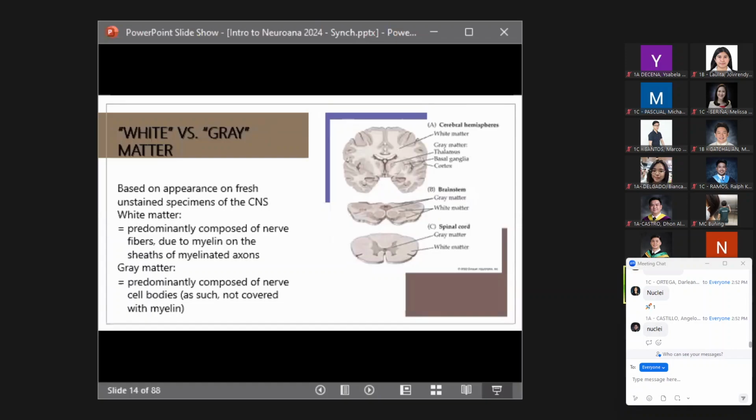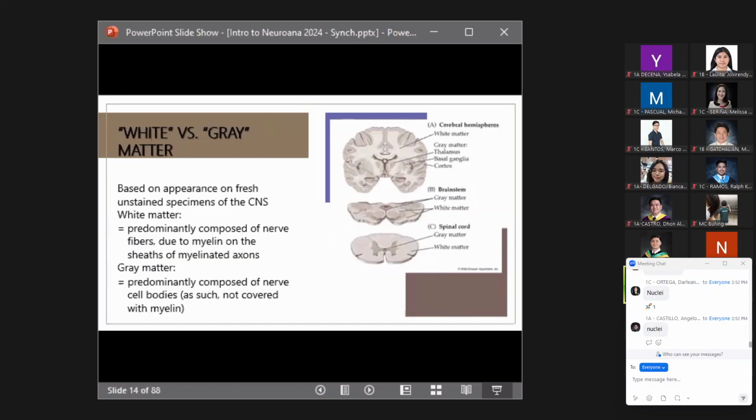The gray matter is mainly composed of nerve cell bodies, and remember, nerve cell bodies are not covered by myelin. They don't have that sheath, so they appear gray.